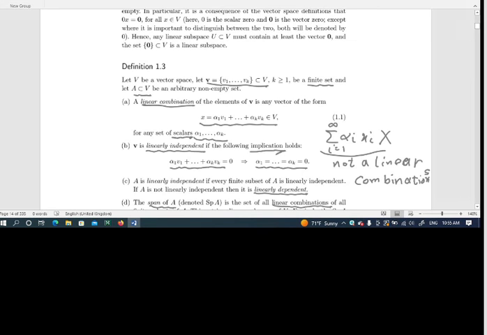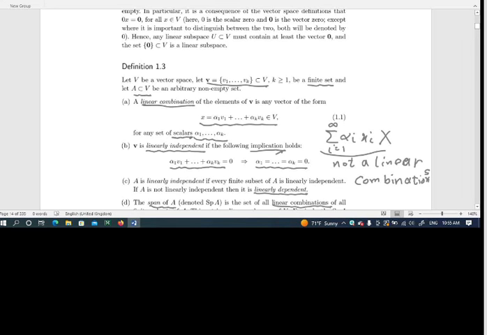If the following implication holds: if alpha 1 v1 plus ... plus alpha k vk equals 0, it implies that all the scalars must be 0. If we have this implication, we say that V is linearly independent.